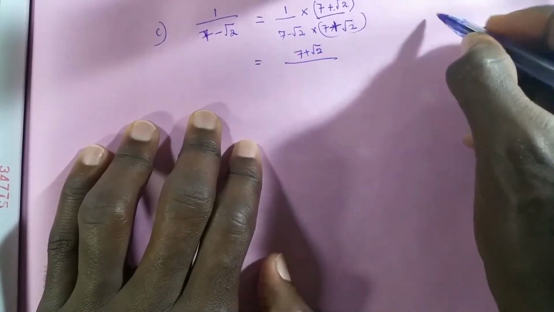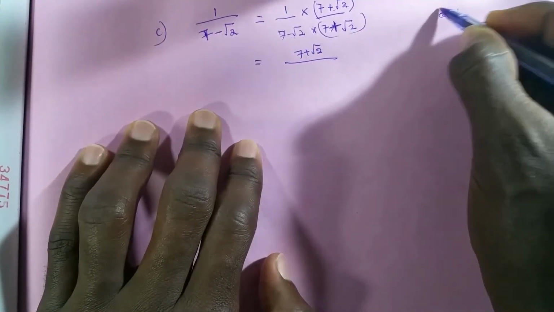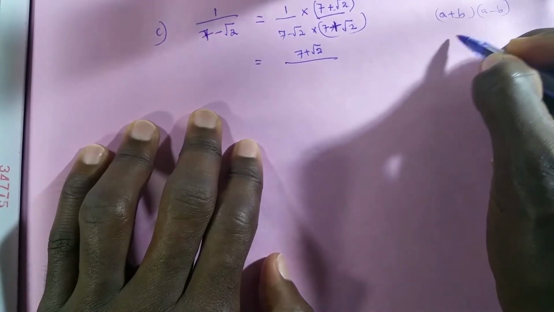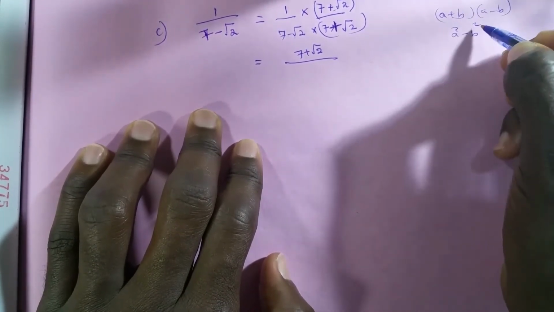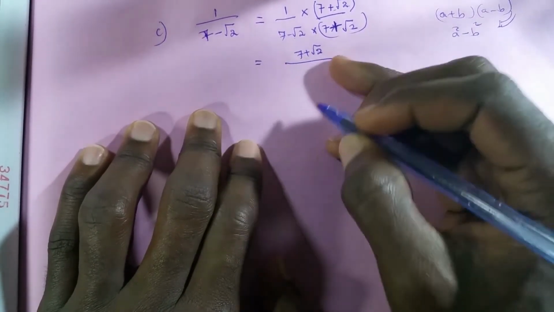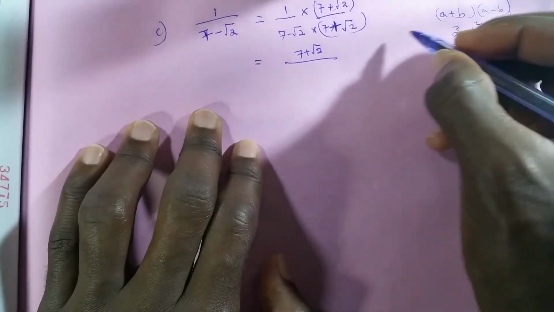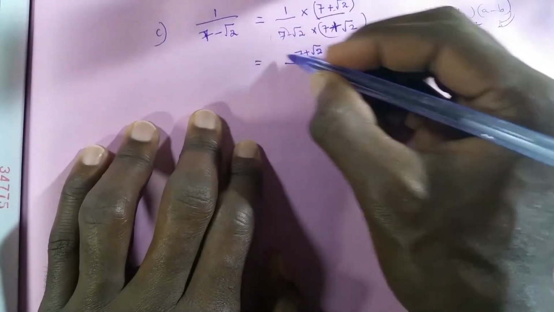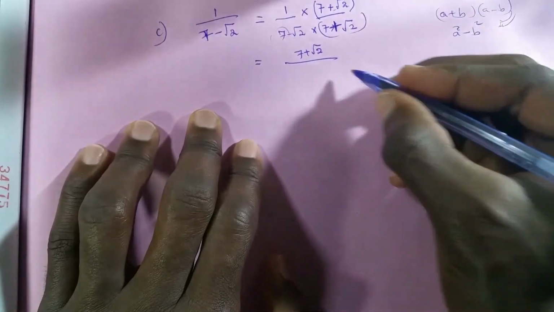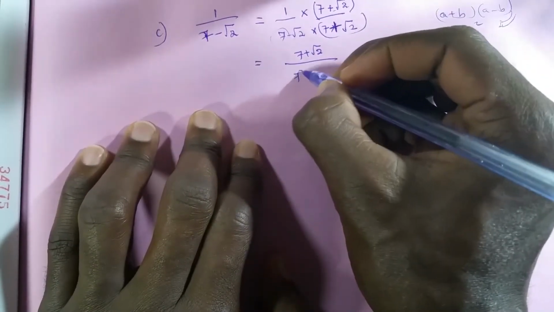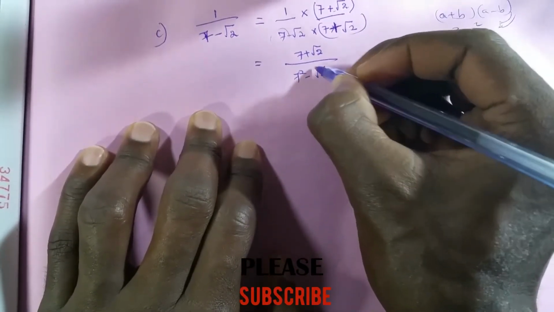So now, remember we looked at the form of a plus b times a minus b. Consider here a difference of two squares will help us a lot to simplify this very fast without expanding the whole thing. So you know that here we consider 7 to be our a and root 2 to be our b. That means we square a, then subtract the square of b.